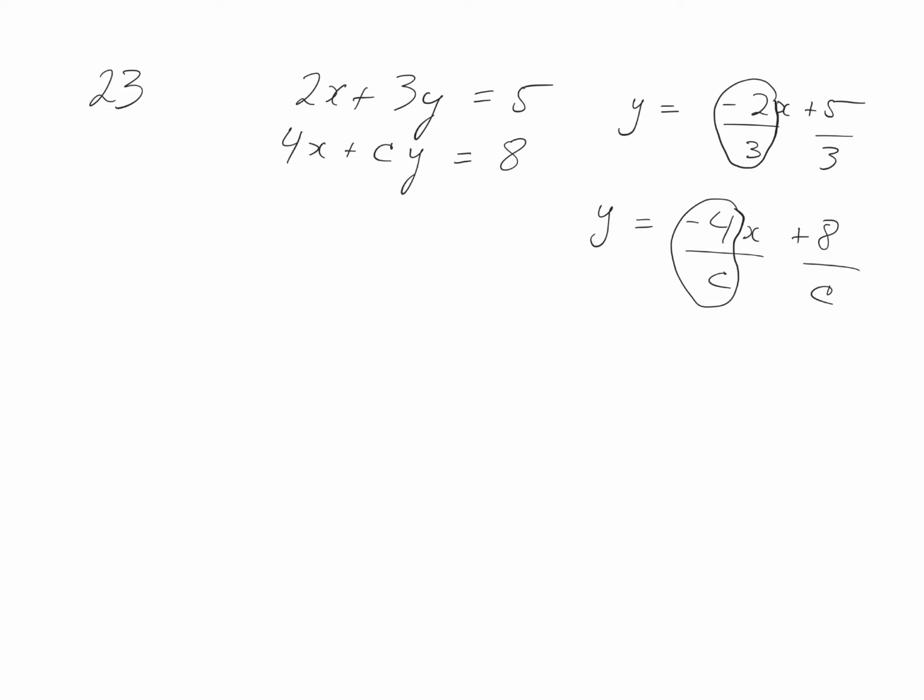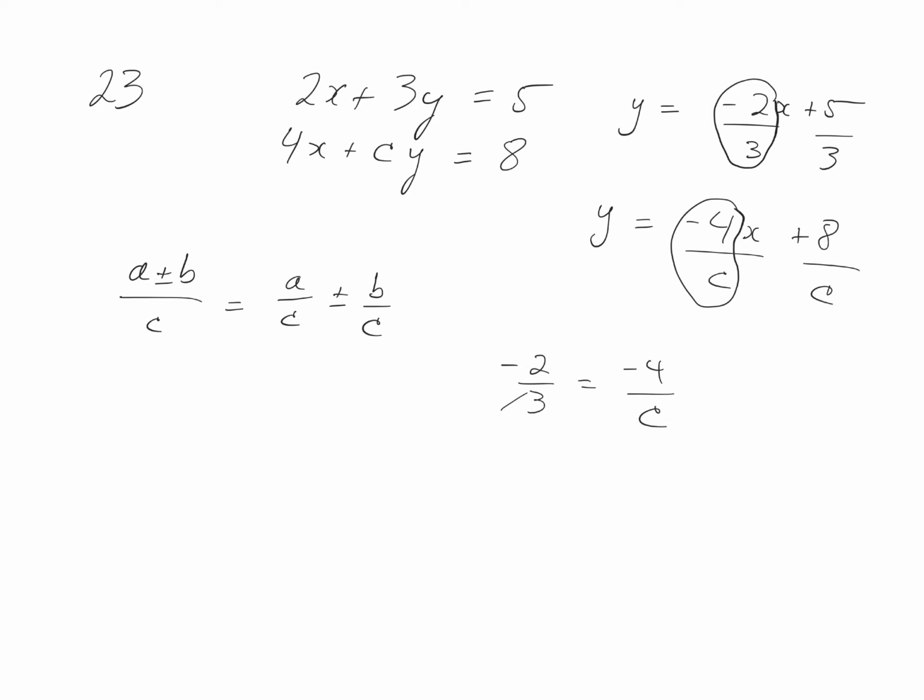Now don't forget that when you have a plus or minus b, over c, this will equal a over c plus or minus b over c. And that's the rule that I used to get both of those problems right there. Now, if I set the slopes equal to each other, I get -2/3 equals -4 over c.